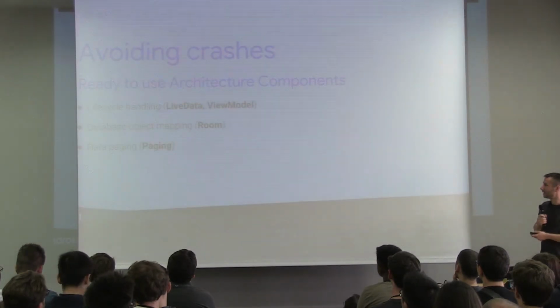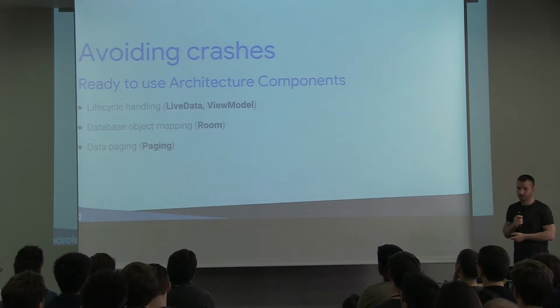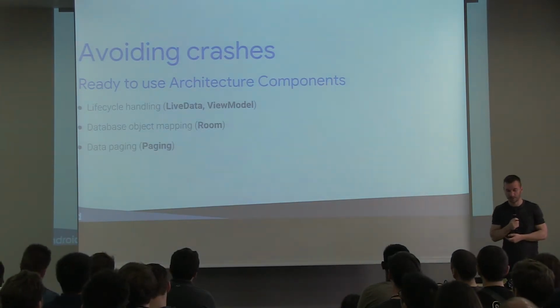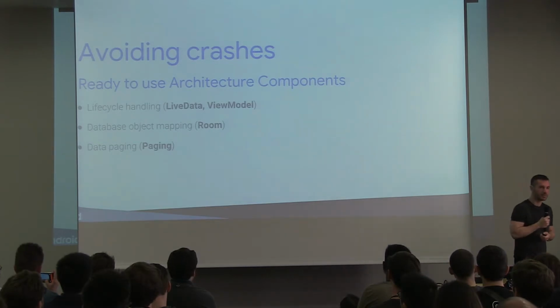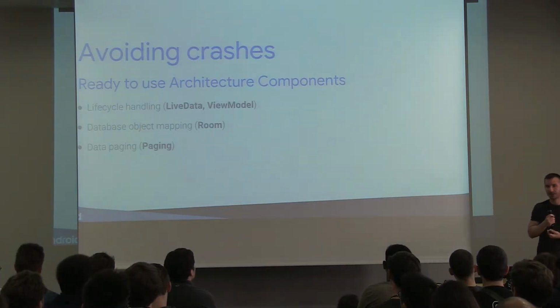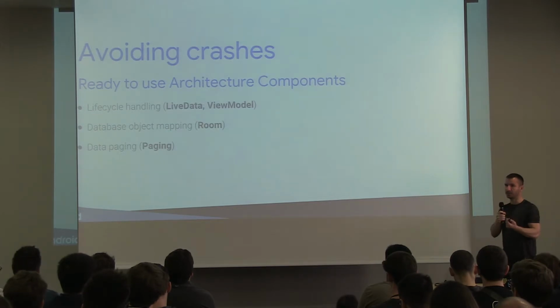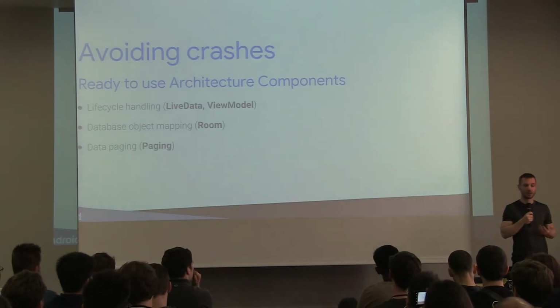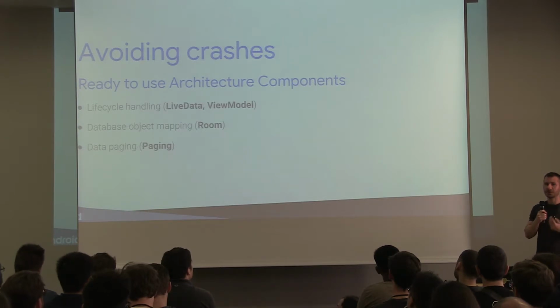Well, I suggest not trying to reinvent the wheel. Some time ago at I/O, we announced these architecture components, and we created them in response to what developers like you were telling us. Life cycles are hard. Activity life cycles, fragment life cycles are hard to manage. Database handling, persistence is also hard. There's a lot of boilerplate.